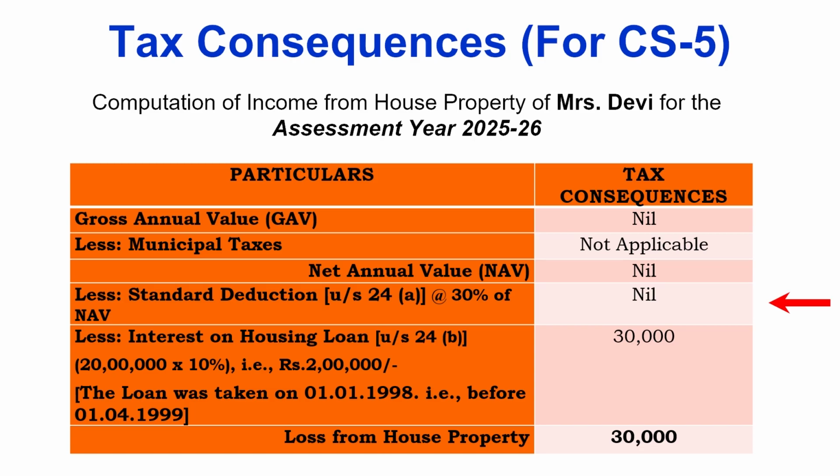Now we will get deduction under section 24(b) regarding interest on housing loan. Here 20 lakhs into 10%, that is 2 lakhs. But the loan was taken on 1st January 1998, that is before 1st April 1999. So it is restricted to 30,000. Now we will get loss from house property 30,000.